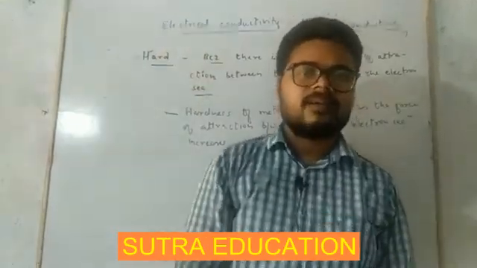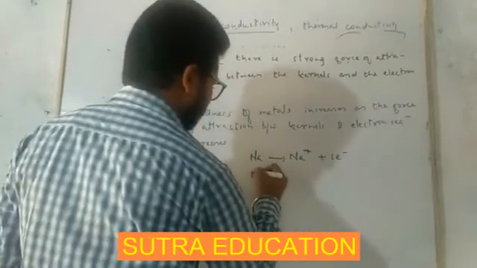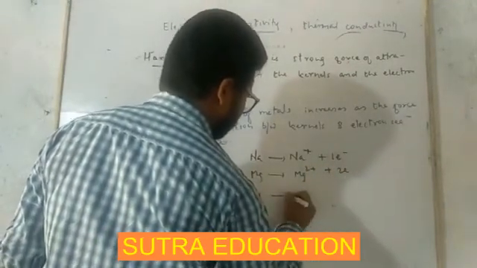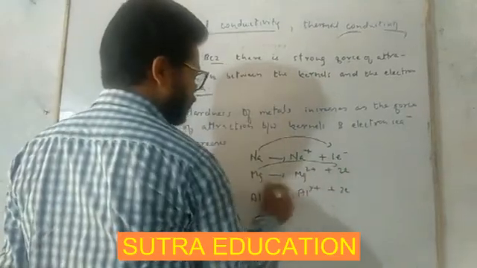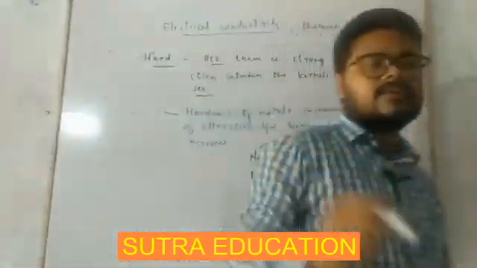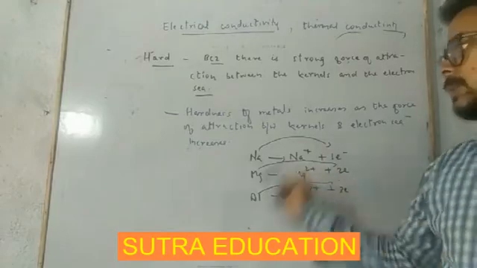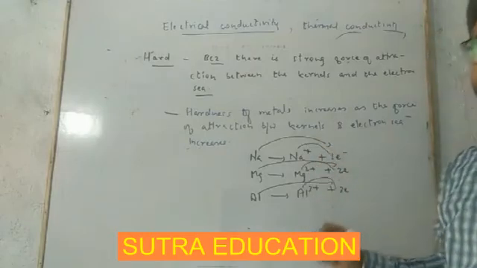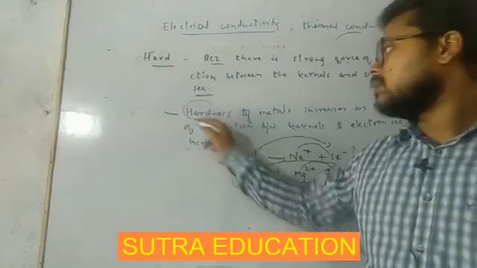Sodium can form Na+ plus one electron, magnesium can form Mg2+ plus 2 electrons, aluminum can form Al3+ plus 3 electrons. So the more electrons given, the more electrons in the sea, so the more will be the attraction between the kernel and electrons, the more will be the force of attraction between them, and the harder will be the metal.